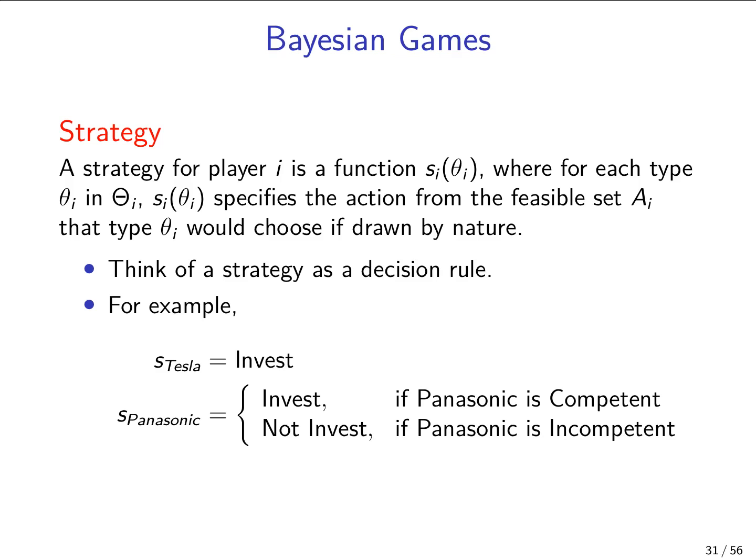Right? So formally, a strategy in a Bayesian game for, say, player i, being Tesla or Panasonic, is a function s_i, which depends on the types of the player. So in this case, whether Panasonic is competent or not, for example. And then this strategy specifies the action from a feasible set, in our case just invest and not invest.